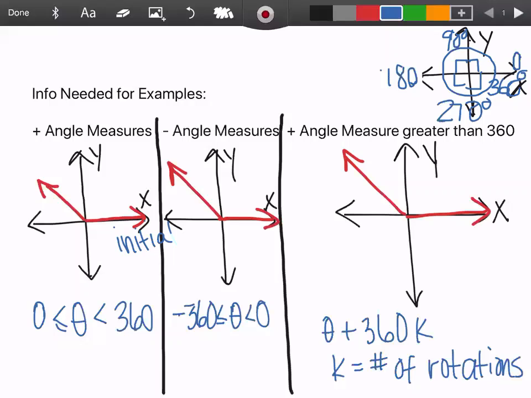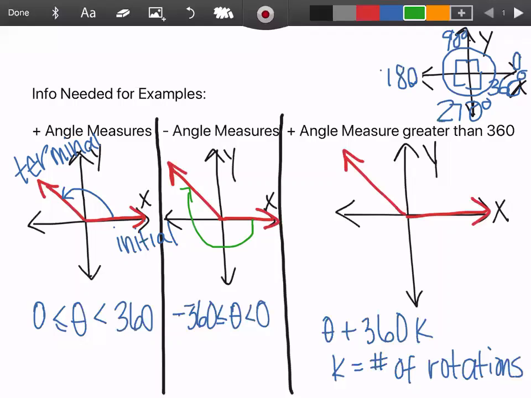So we're going to start at the initial and go up to the terminal side. And that is a positive angle measure. That's how we're going to find it. The negative angle measures go in the opposite direction. So we still start at the initial and terminal. We just go in the opposite direction, and that's going to be a negative angle measure.